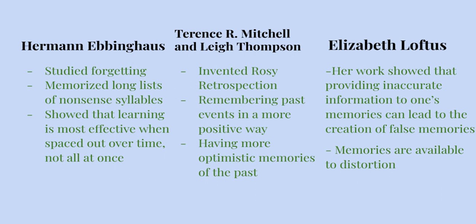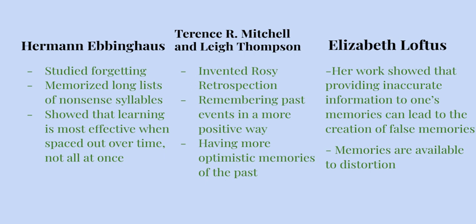These are people that studied memory. So the first one is Hermann Ebbinghaus. He studied forgetting. So for his experiment, he memorized long lists of nonsense syllables. And the results showed that learning is most effective when spaced out over time and not all at once.